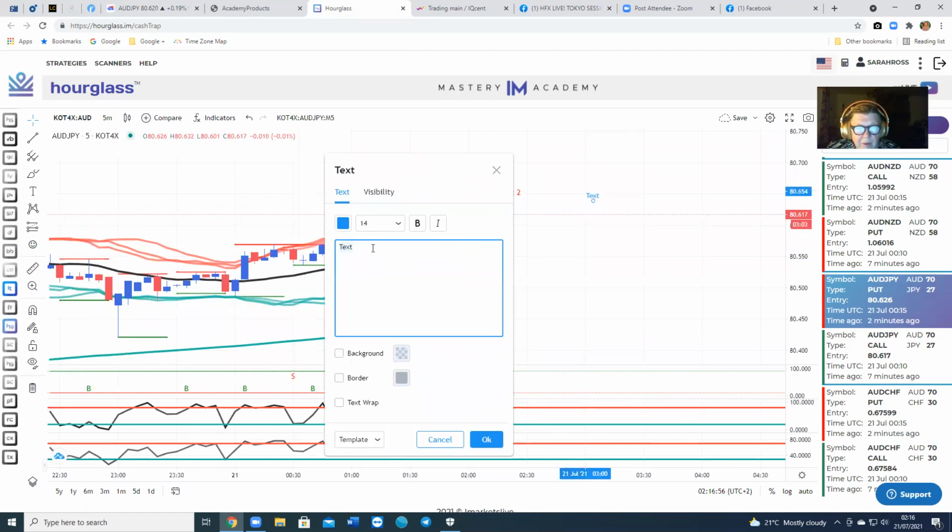So you will get the call or put, which is 1 point. The 200 EMA is 1 point.